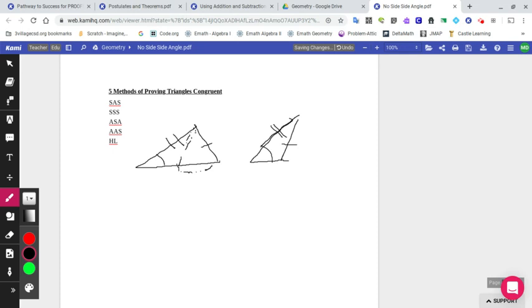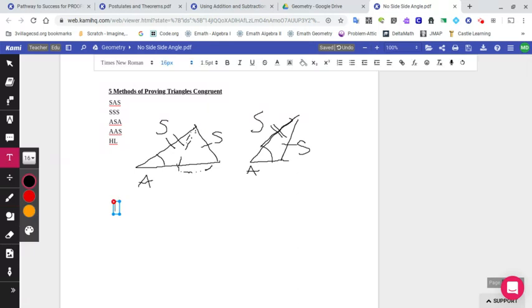So I would have angle, side, side, congruent to angle, side, side, but I don't have the same triangle. So for that reason, angle, side, side is not a method that we can use.